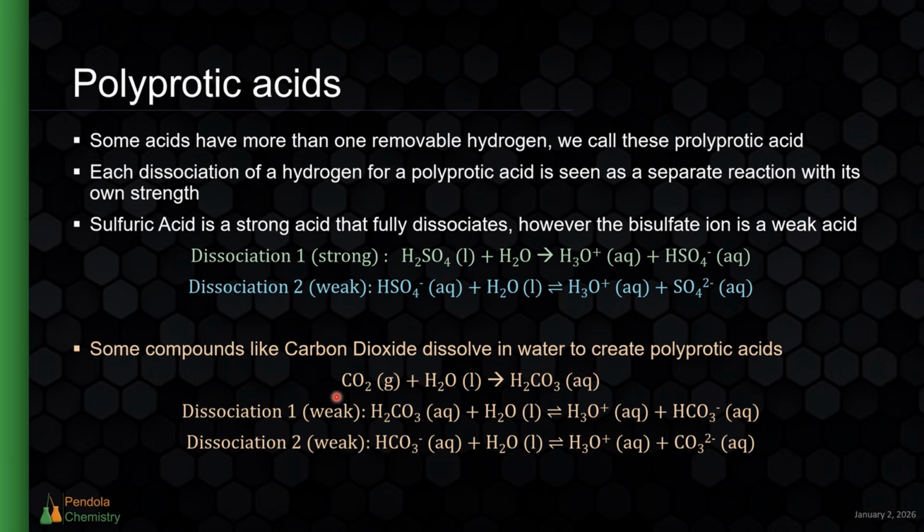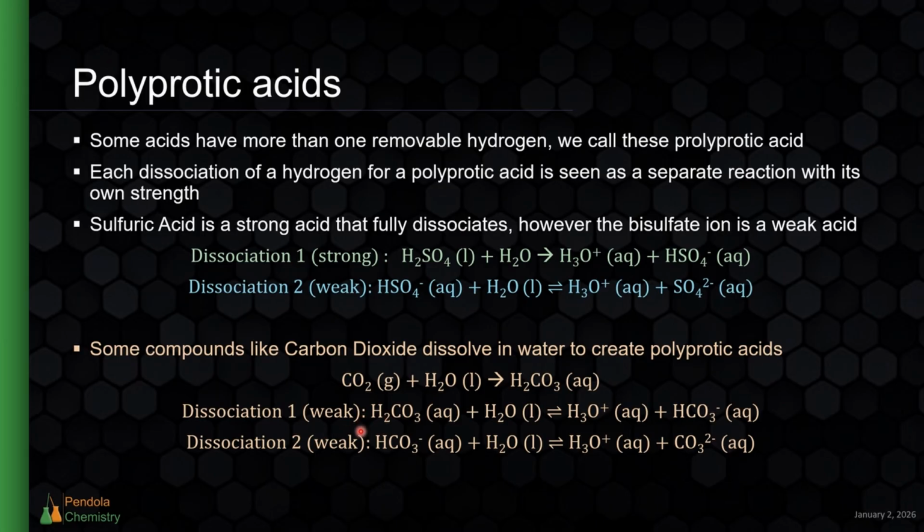This is why excess carbon dioxide in the atmosphere can cause acidification of things like the ocean and lakes and rivers, because excess carbon dioxide can dissolve in that water to create carbonic acid. It's a very common theme that you study in AS Marine Science, for example, or A-Level Marine Science.